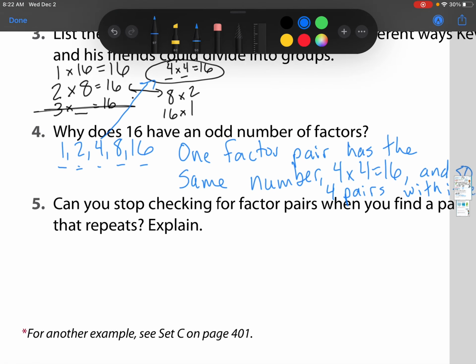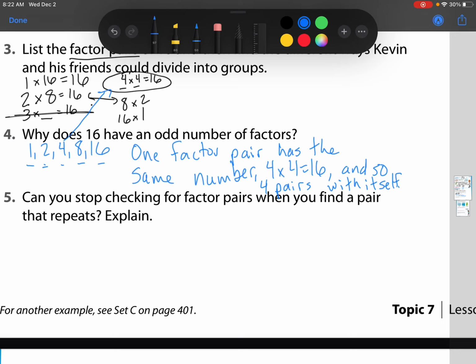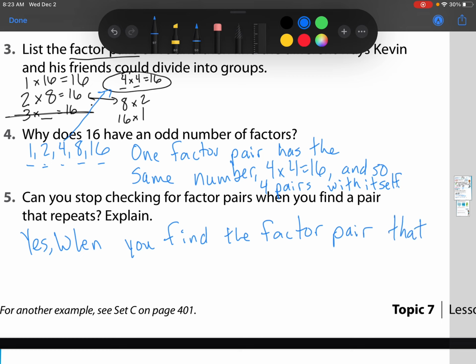Okay, now I'll head to number 5. Can you stop checking for factor pairs when you find a pair that repeats? Yeah, we can. But now I need to do that explain part. When you find the factor pair that repeats, what do we notice?